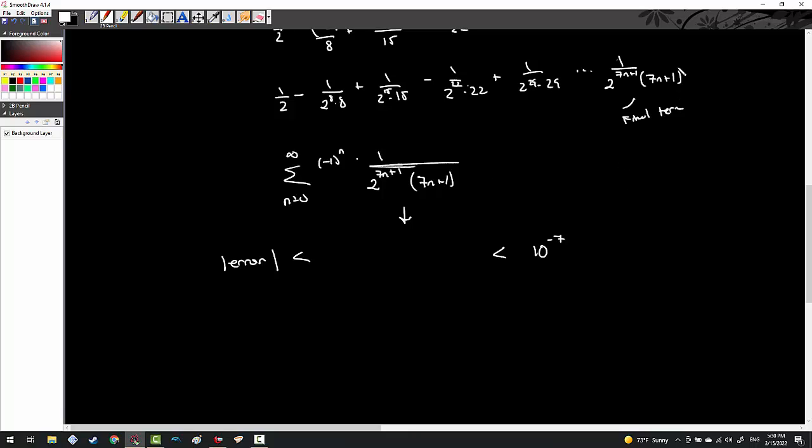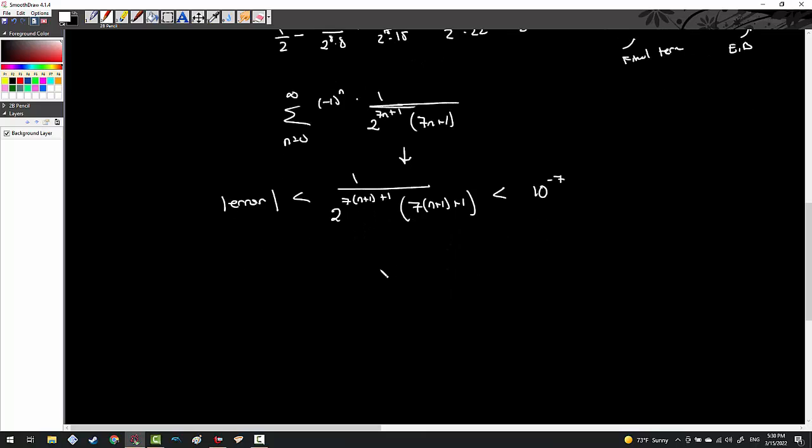So I'm going to take my a sub n plus 1, which is my error bound. In the context of this problem, that's going to be 1 over 2 to the 7 times n plus 1 plus 1, times 7 times n plus 1 plus 1. So that's going to be 1 over 2 to the 7n plus 8 times 7n plus 8.